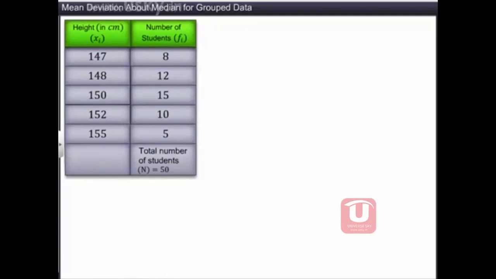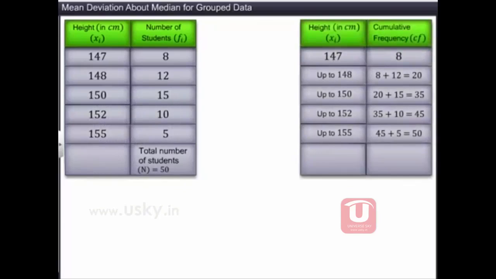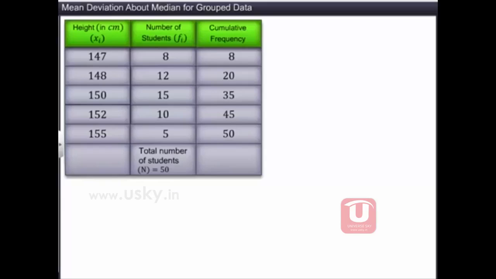Let's first find the median height of the data. As we notice here, the heights are arranged in ascending order. Now, the cumulative frequencies are calculated as shown. The cumulative frequency that we obtained is shown. Here, the number of students is 50, which is an even number.